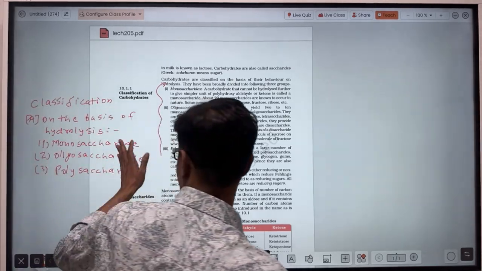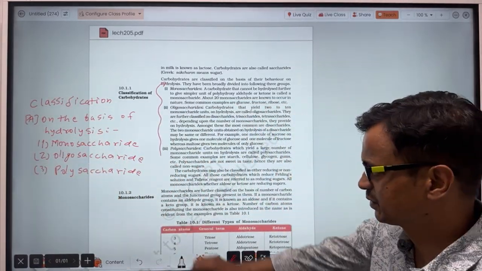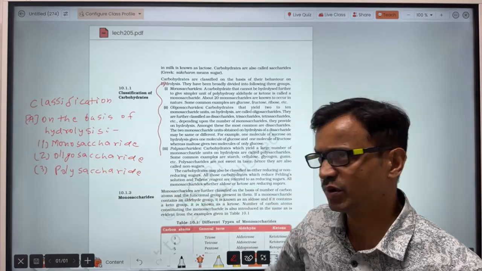On the basis of hydrolysis, the carbohydrate is classified into monosaccharide, oligosaccharide and polysaccharide.